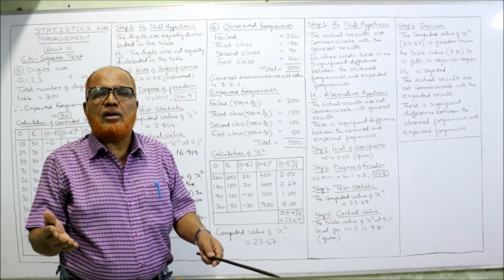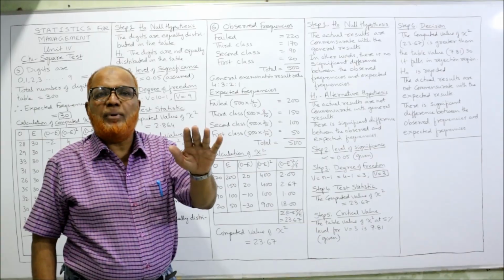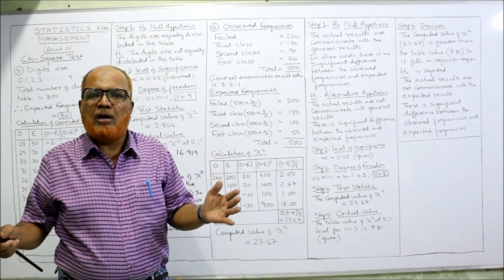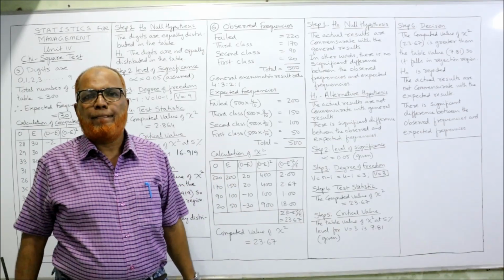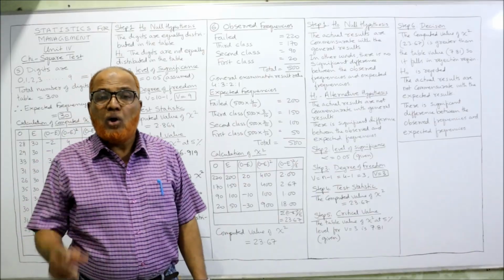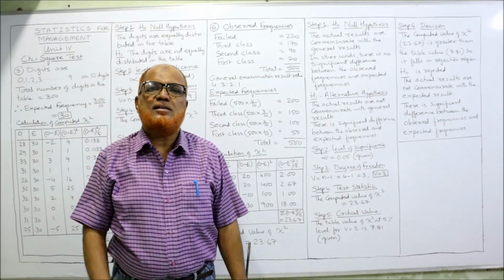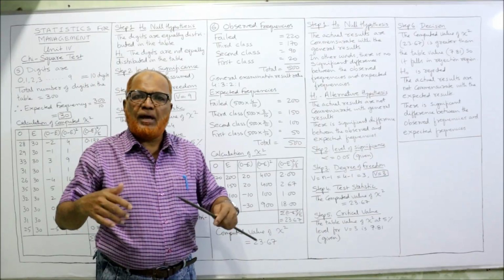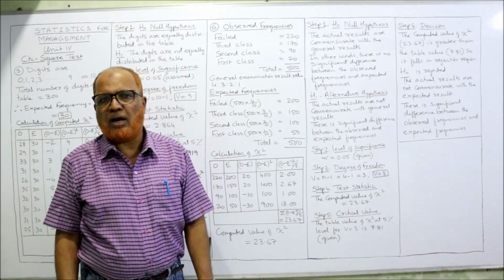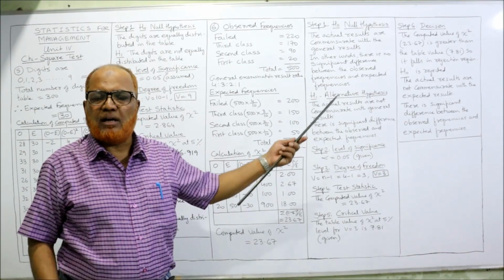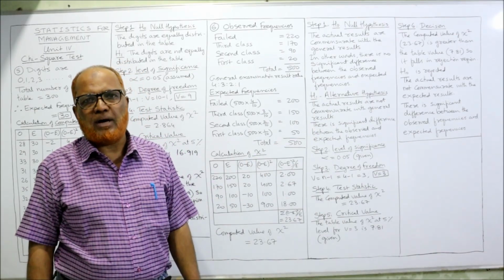The actual results are not commensurate with the expected results. Both the results are entirely different. There is significant difference between observed frequency and expected frequency. All these points you have to write in the examination. Then only the examiner will be satisfied and happy to give you 100% marks. Otherwise, if you simply calculate without giving any conclusion, you won't get the marks.